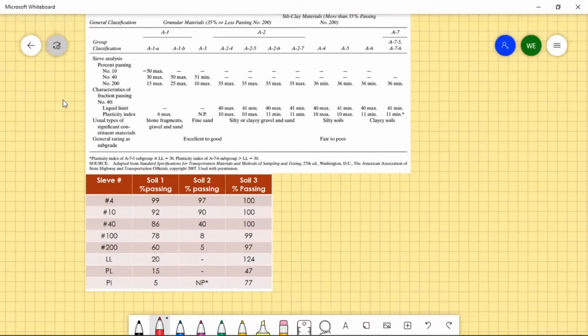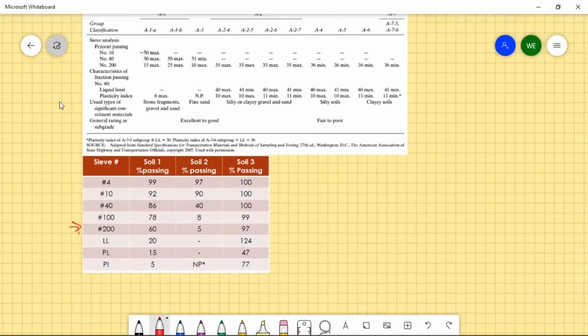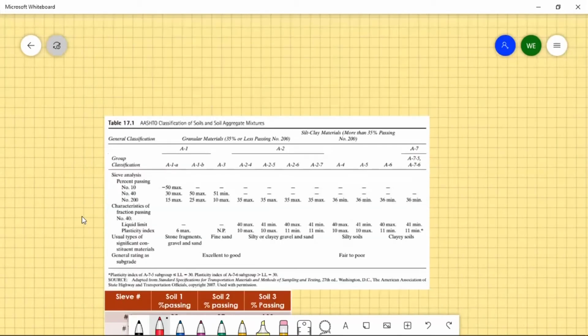Passing number 200 more than 35% means there's a lot of fine material here, and in this segment, passing sieve 200 is less than 35.